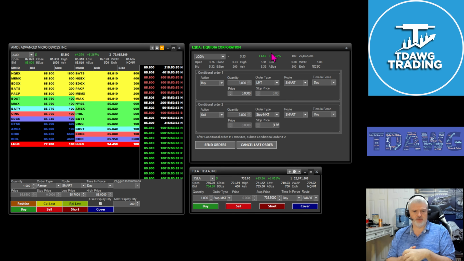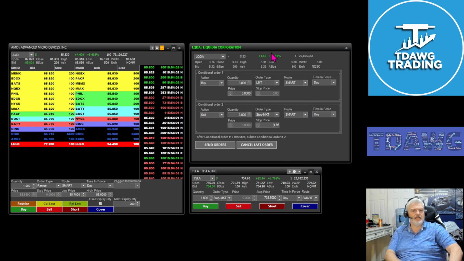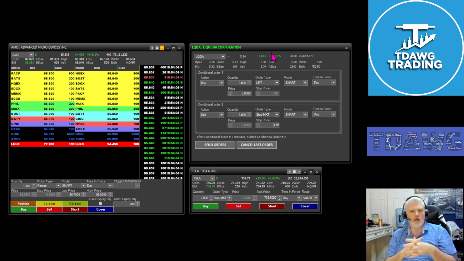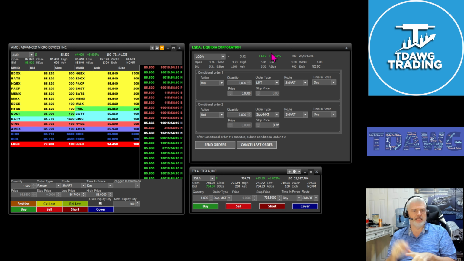Again, the advantages are simple. It allows you to put an order out there, and then be able to put another order out there. The only caveat of the conditional order is that they have to be associated with the same stock.